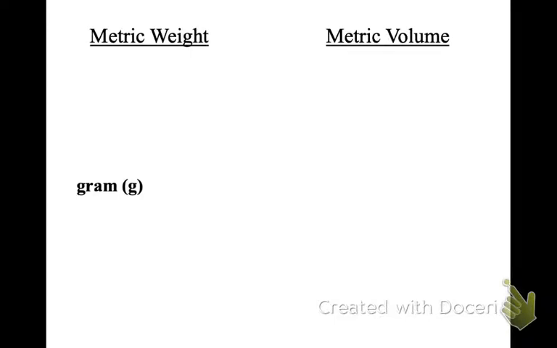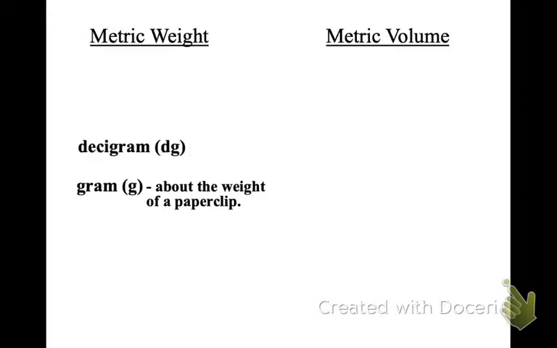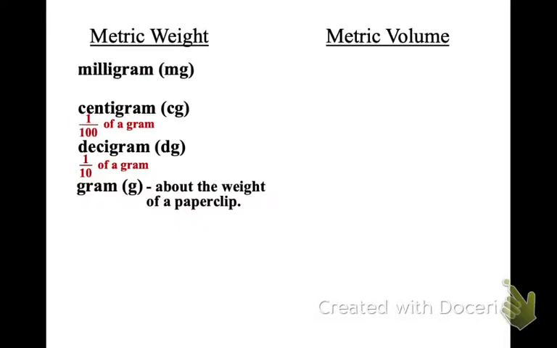Weight. So the weight of a paperclip. So a decigram is 1/10 of a paperclip. Okay, 1/10 of a gram. Centigram is 100th of a gram, and milligram is like barely, just a drop of something.